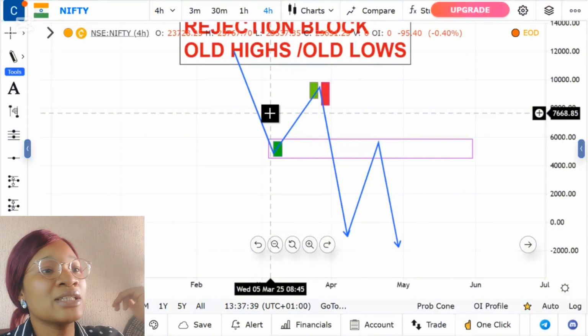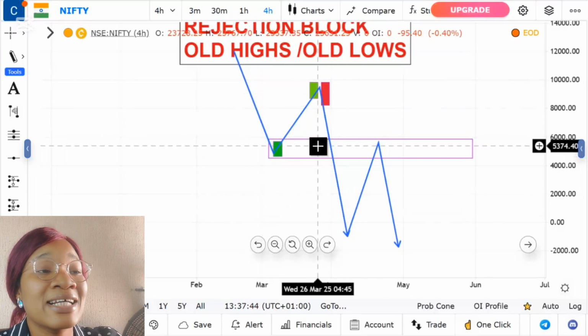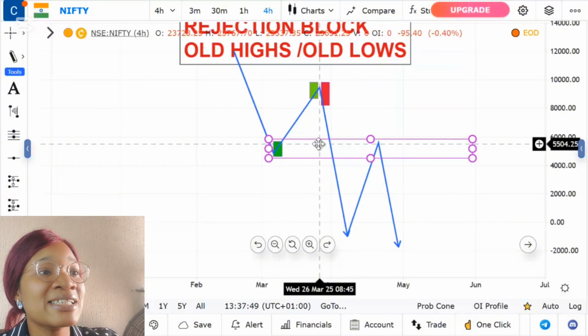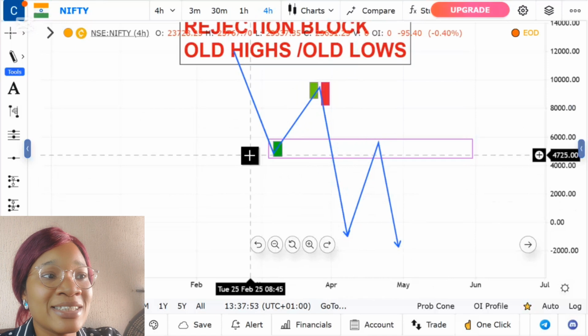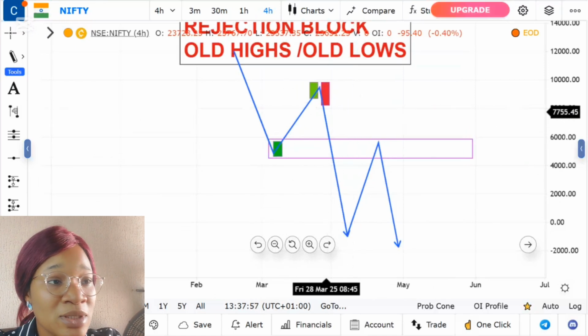Okay, so this is like the mitigation block. You usually find it when you have already established that price is in an existing trend. If price is already in a downtrend, you can see this mitigation block. If price is in an uptrend, it can also give you the same price movement.